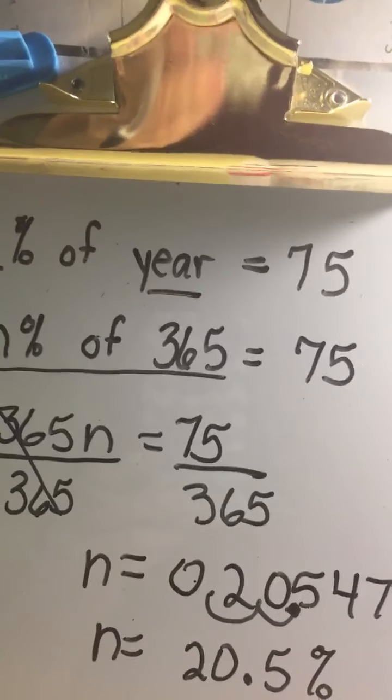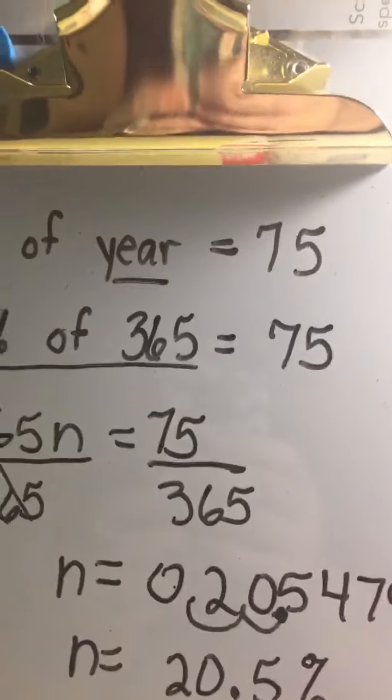Okay, notice on the bottom of page 299, it says key concepts. So these are just the three ways that you can set up your proportions and work them out. They've kind of got it in a little space so you can see it clearer.